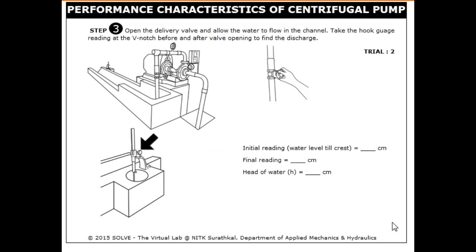What is the next option? We have to open the delivery valve. This is for trial 2. If you change the delivery valve, the water level will again rise. So you can check. This is for the second trial.